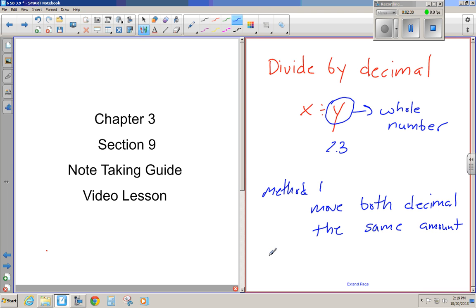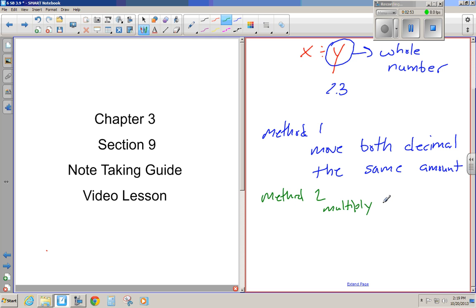All right. Method 2, you can multiply both decimals by, I'm going to say, a power of 10.